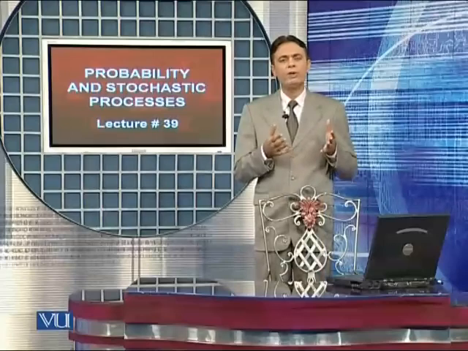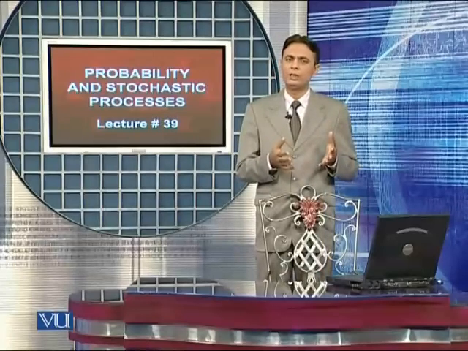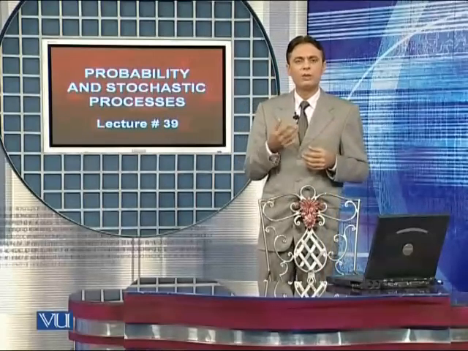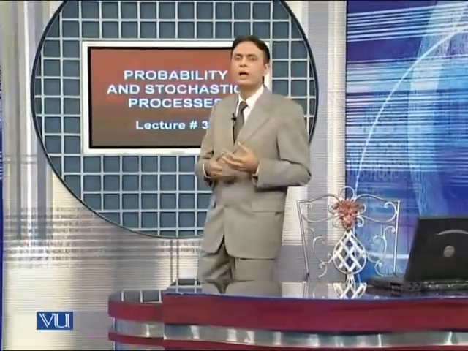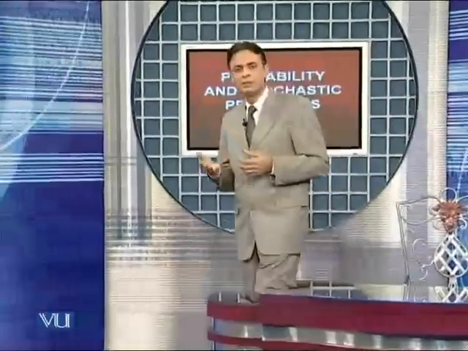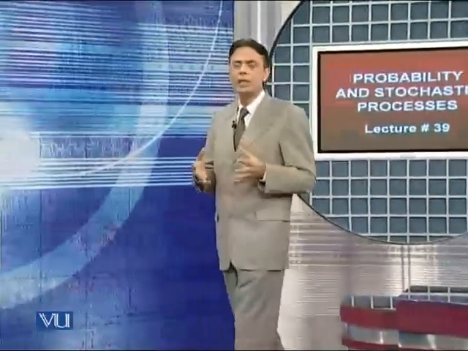So if we have a finite state Markov chain and we are given its one-step transition probability matrix, and we try to find its n-step transition probability matrices for different values of n, and we get an n-step transition probability matrix which has all entries greater than 0, then this type of Markov chain is called a recurrent Markov chain.